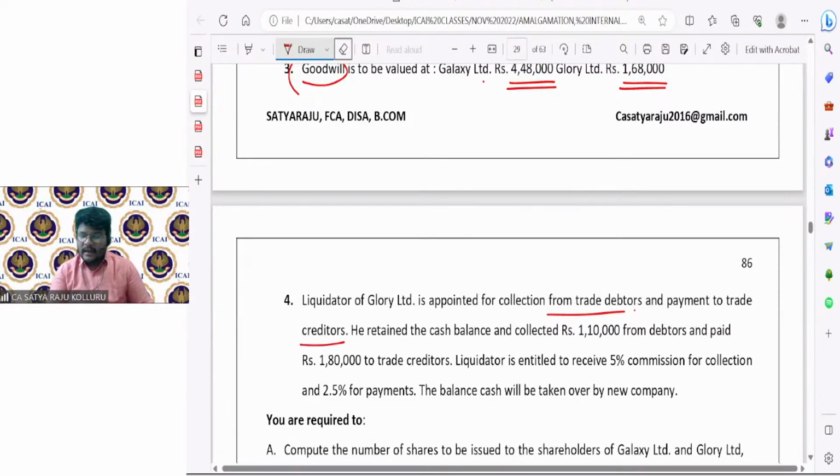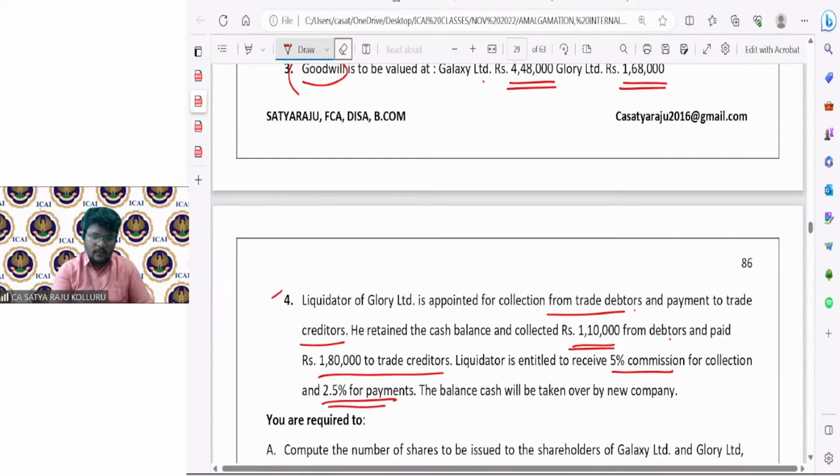He retained the cash balance and collected 1,10,000 from debtors and paid 1,80,000 to trade creditors. Liquidator is entitled to receive 5% commission for collection and 2.5% for payments. The balance cash will be taken over by the new company.